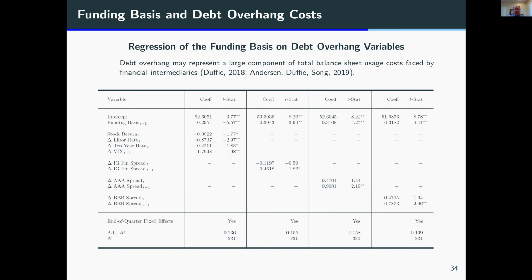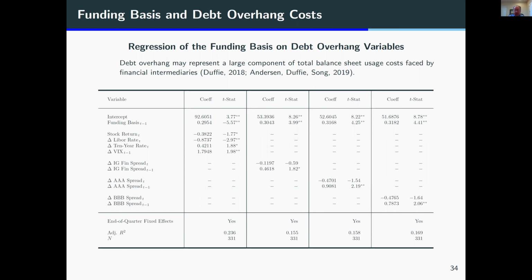Like, if stock returns go up, so that maybe the cost of equity capital is going down, we see that the funding basis shrinks. We see, for example, that when spreads between investment grade financials or AAA, BBB corporates go up, there's a significant effect that the funding basis goes up.